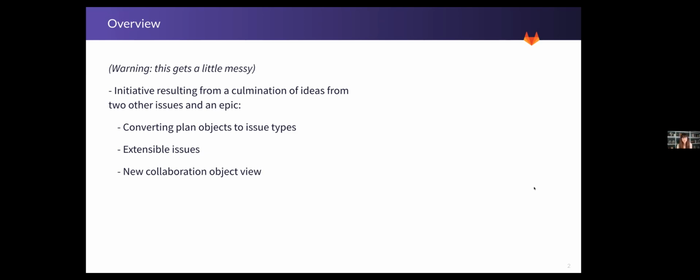But converting planning objects to expand on those issue types, exploring possibilities surrounding making issues extensible so that customers can customize the interface and add and remove widgets as they see fit. And then finally, creating a new collaboration object view.